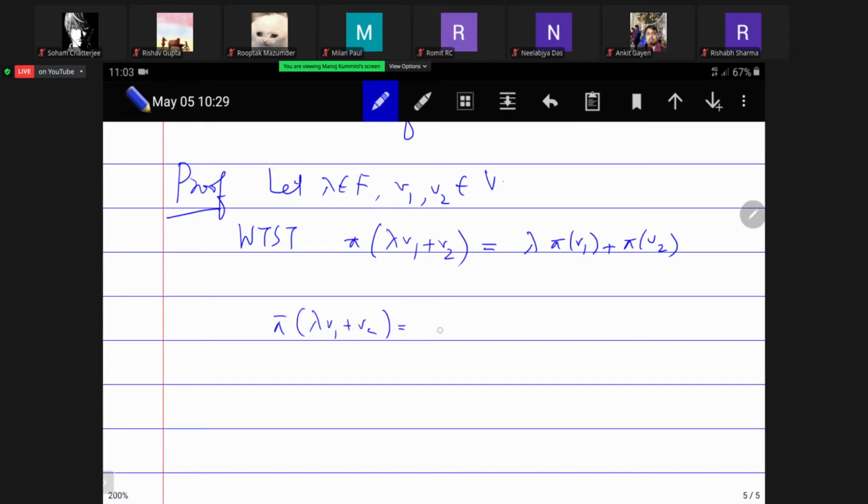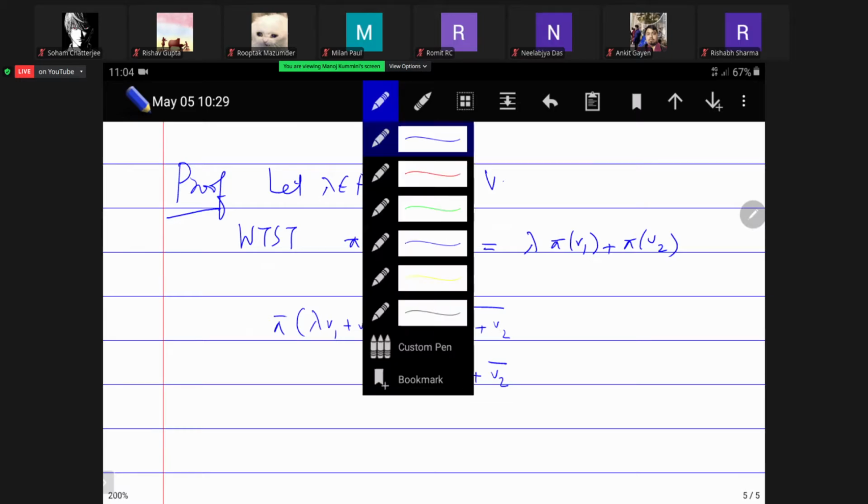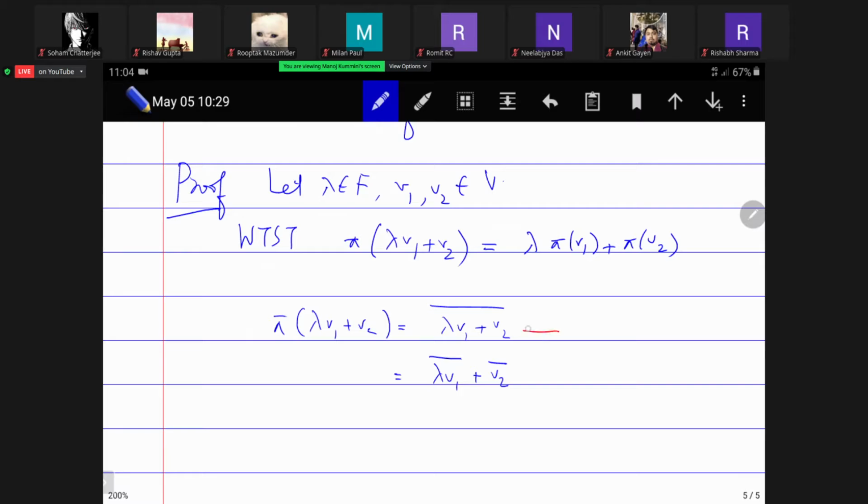But we have said that the definition of addition in the quotient space is that it is... So this means the coset of lambda V1 plus V2.